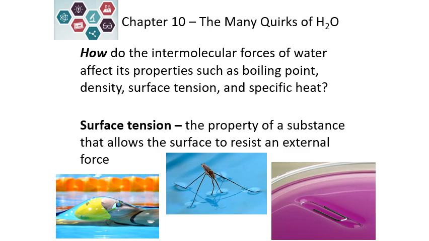Water also has a very high surface tension. So surface tension is the resistance of an external force on the surface. And you may have seen this if you see bugs skittering across the top of water, or if you very carefully floated a paper clip, you can actually get a paper clip to float on the surface of water, and that's due to surface tension.